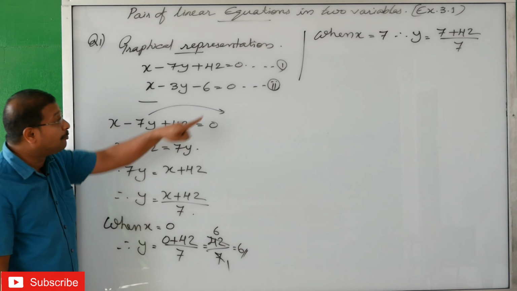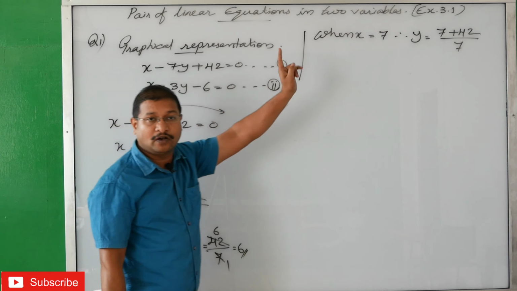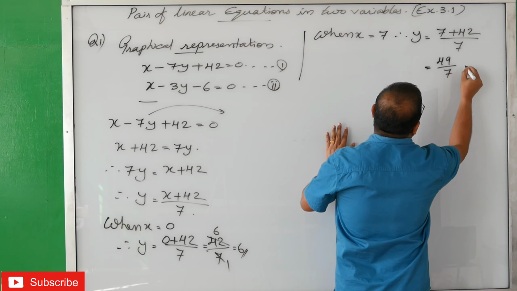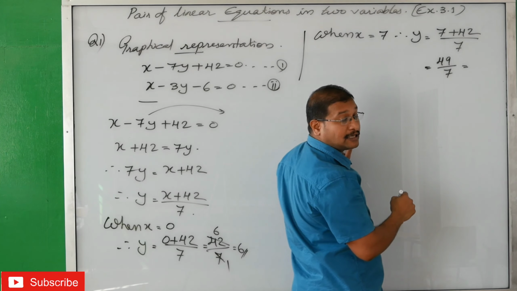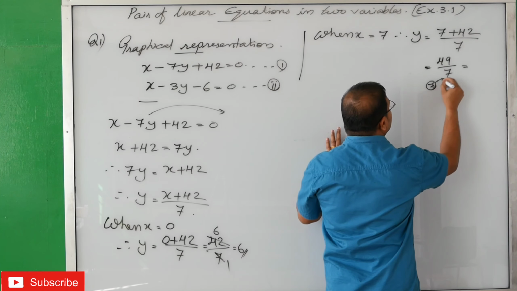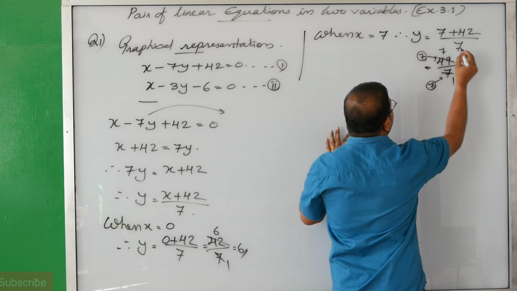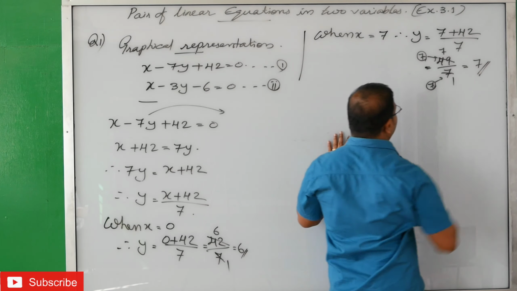So in place of x, we put 7. That means y equals 7 plus 42, that is 49 by 7. You can cancel by 7, 7 ones are 7, 7 sevens are 49, isn't it? So we got 7.